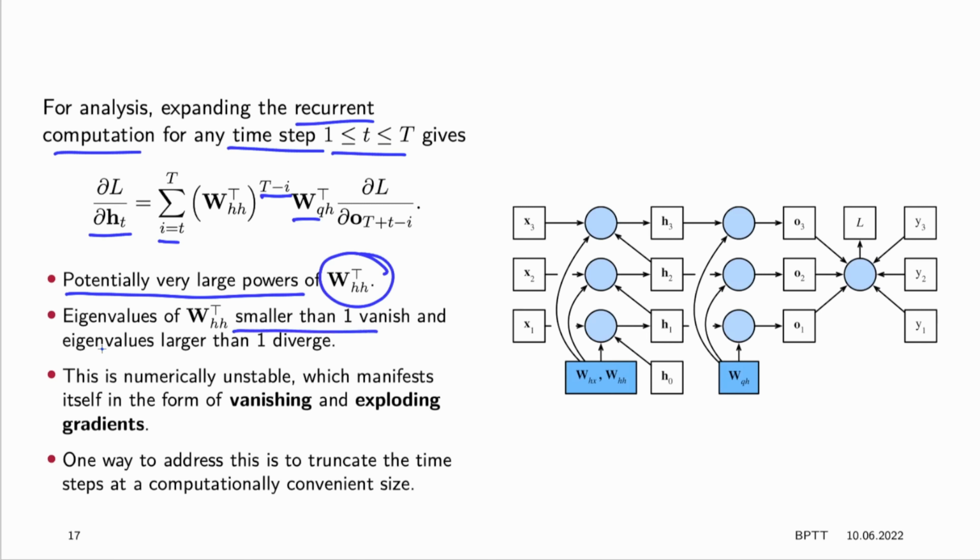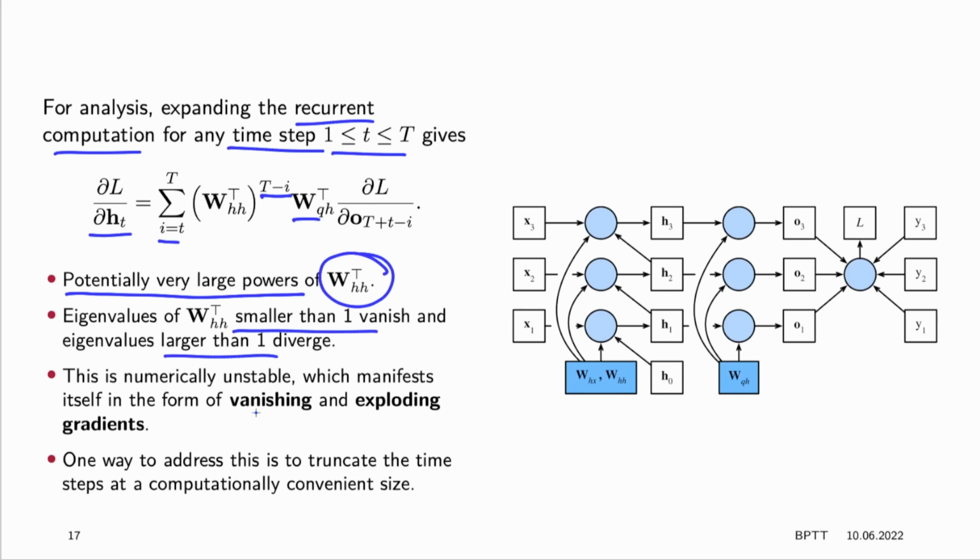If we look at the eigenvalues of this matrix, some of them may be smaller than 1, some may be larger than 1. If we multiply a matrix with itself, what will happen with the eigenvalues? Well, we're taking the product of the eigenvalues with themselves. You may remember that from linear algebra. If not, I tell you now. What happens with an eigenvalue that is larger than 1 if you multiply it with itself? It becomes a little bit bigger. What happens with an eigenvalue that is smaller than 1? It becomes smaller.